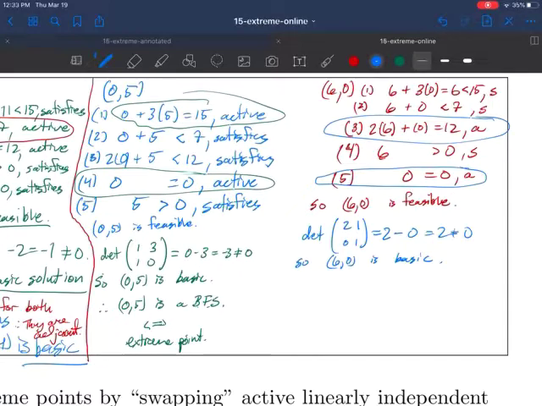Checking all the constraints tells me it's feasible. I'm being redundant to make it clear that these are different things that we're checking. Of course, the combination of those means I can conclude that (6, 0) is a basic feasible solution. In other words, we know because of the theorem that (6, 0) is an extreme point.